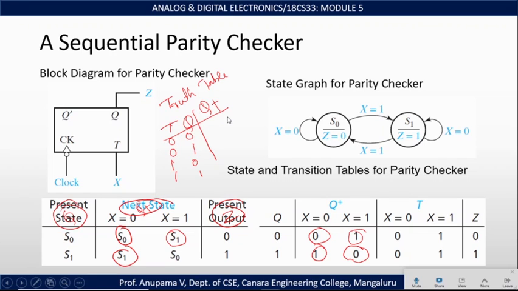So when T is 0, Q is equal to 0, Q plus is 0. When T is 0, Q is 1, Q plus is 1. When T is 1 and Q is equal to 0, Q plus will be 0.